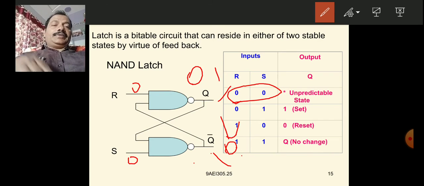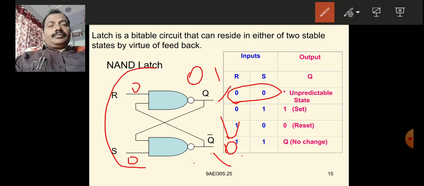This is the condition, but it is not satisfied with R equal 0, S equal 0 inputs. They are not following the desired outputs. Hence, this state is called the unpredictable state.